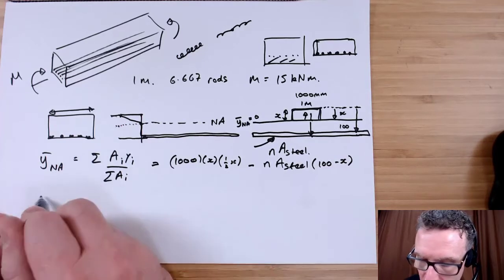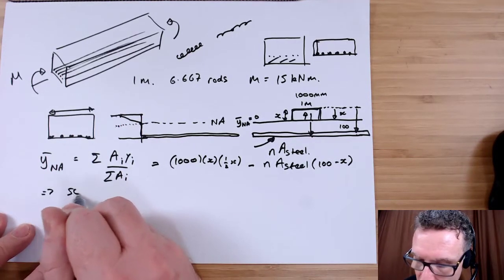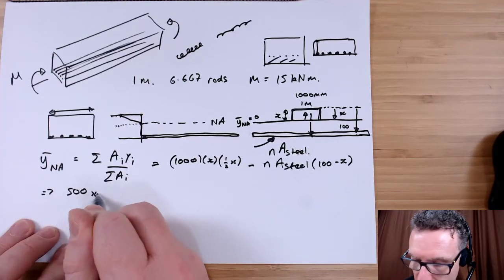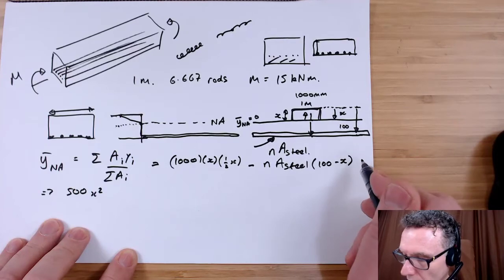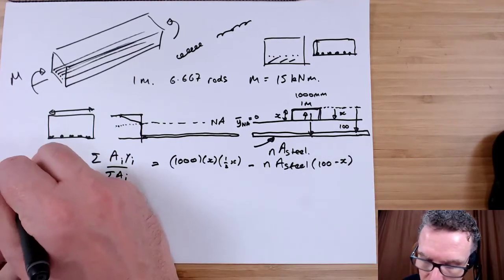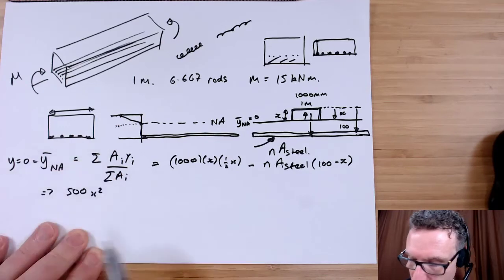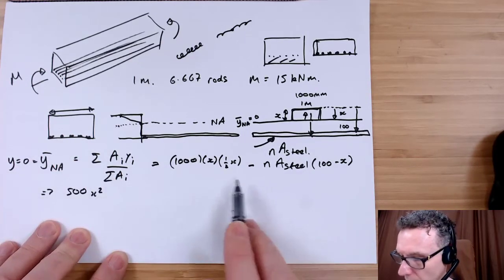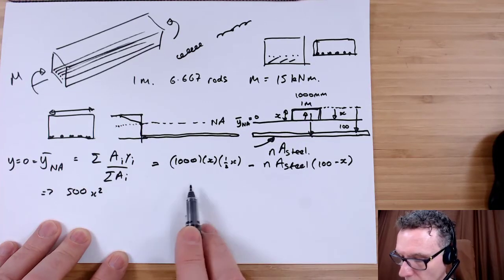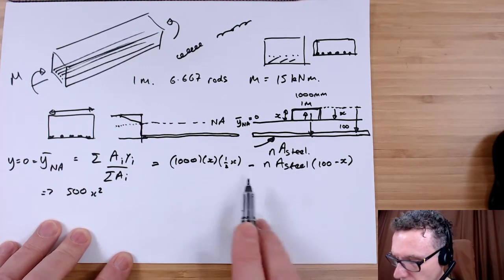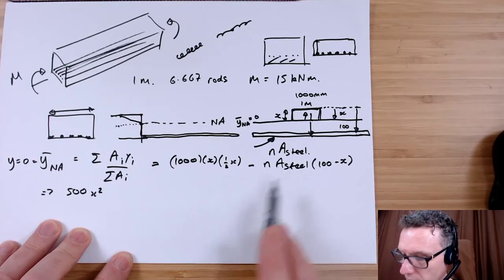Okay. So therefore we've got 500 x squared, and notice that I've set y to be such that this is 0, so that's equal to 0. Well, that's equal to 0, so this is going to be negative.